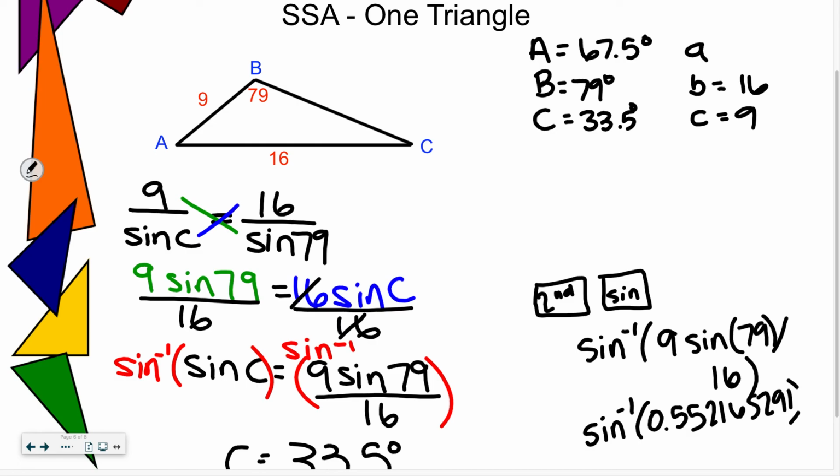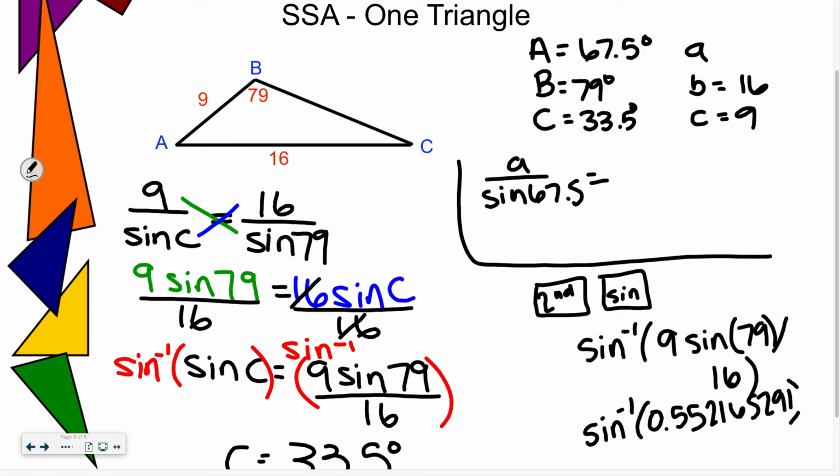And then you can set up another law of sines. So you might say, I'm going to squeeze it in up here. Let's see, side A over sine 67.5 equals, I'm going to go back to my original 16 over sine 79. I just keep reusing that same ratio every time I do the new law of sines.